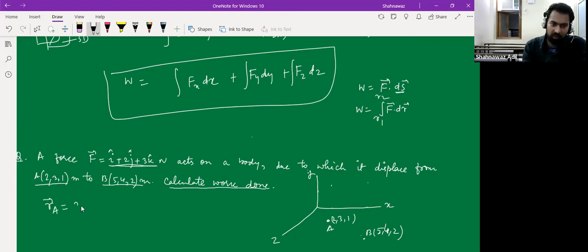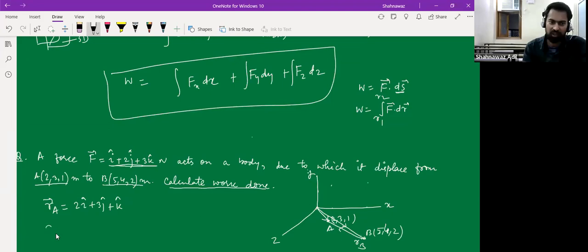This should be 2i plus 3j plus k. This is the position vector RA, and this is the position vector RB, and this is the displacement vector.